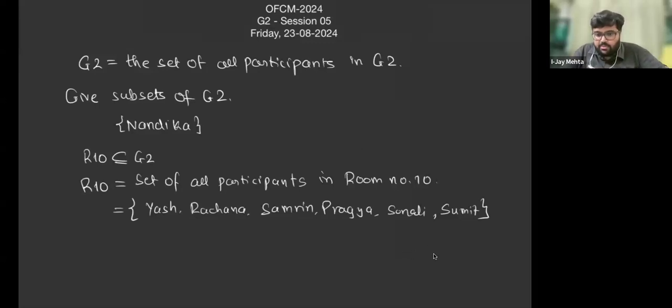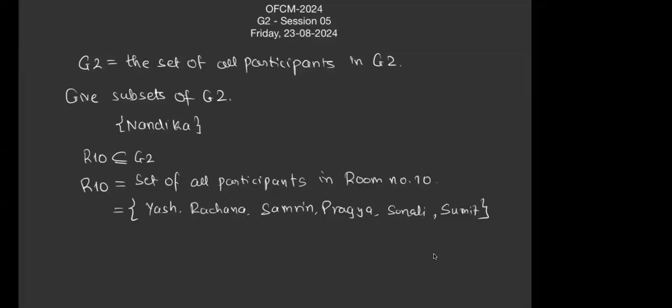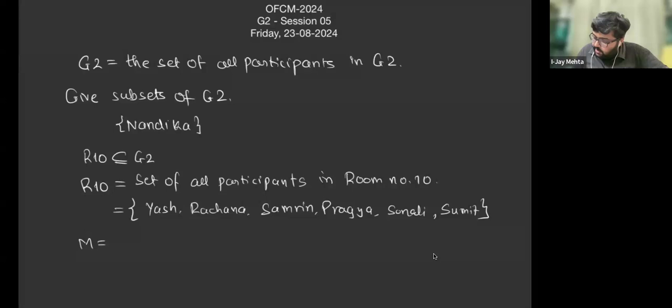Let me ask some more examples. Room number 3. Set of mentors. Yes, good. Set of mentors. So how do I write? So this is the set of all mentors in G2. Okay, good. So how can we write this set?